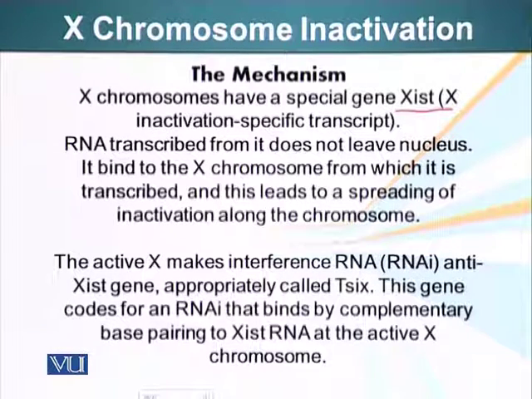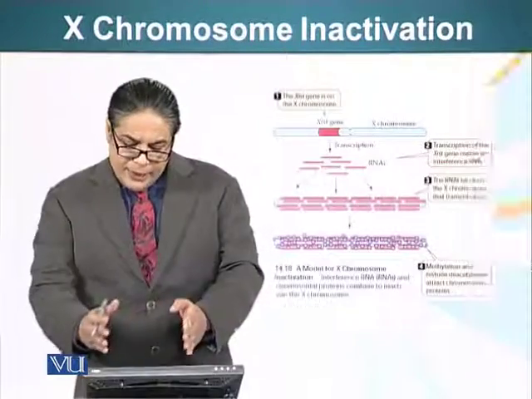The other active X chromosome makes interference RNA, or RNAi, which is exactly complementary to the Xist RNA. It is appropriately called Tsix RNA, and this RNA basically prevents production of Xist, preventing the active X chromosome from becoming inactive. So here we can see it on the screen.